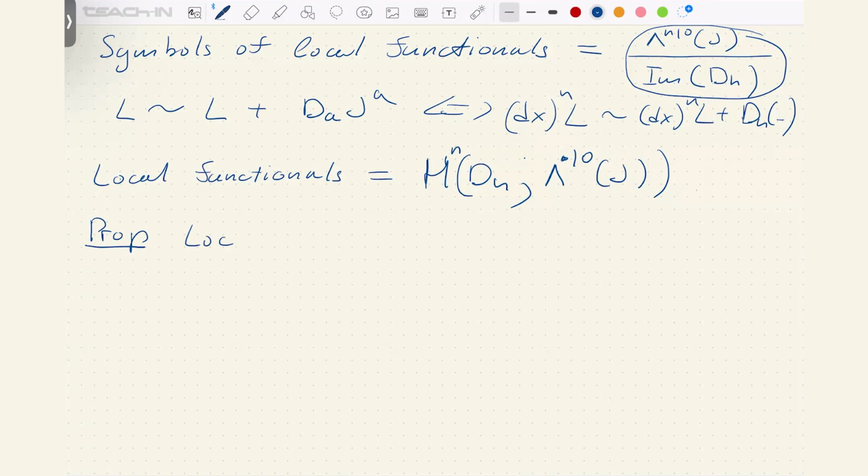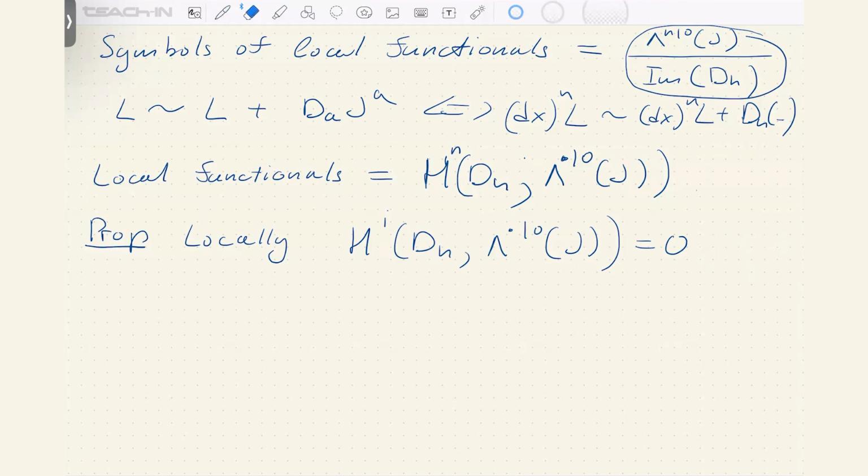Locally in the geometrical sense, so it's like some neighborhood in our space-time, the cohomology of dH in horizontal i-forms on our jets equals 0 for i less than this dimension n.